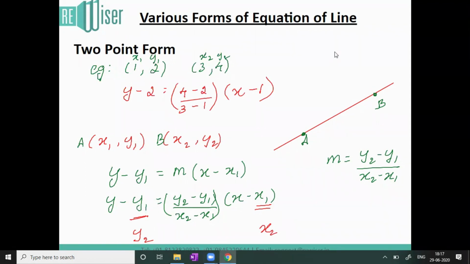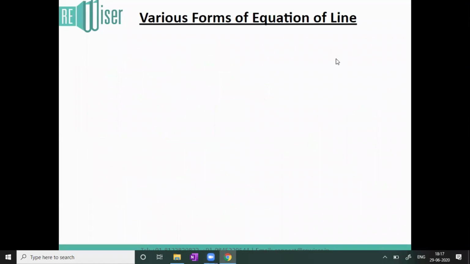Now, next, say I have a straight line. Let us say this is my x-axis. So I have the x-axis and I have a straight line. Now, in this case, let us say I know this angle. The slope is not given.